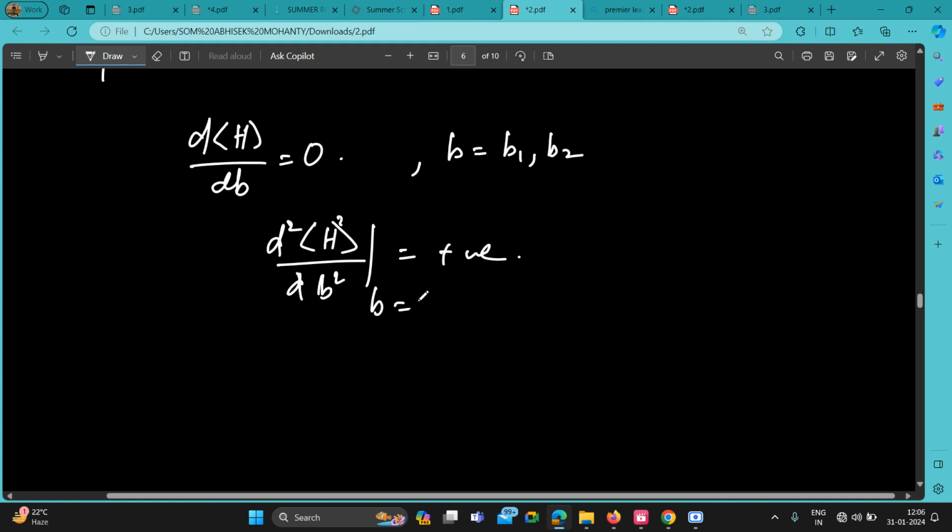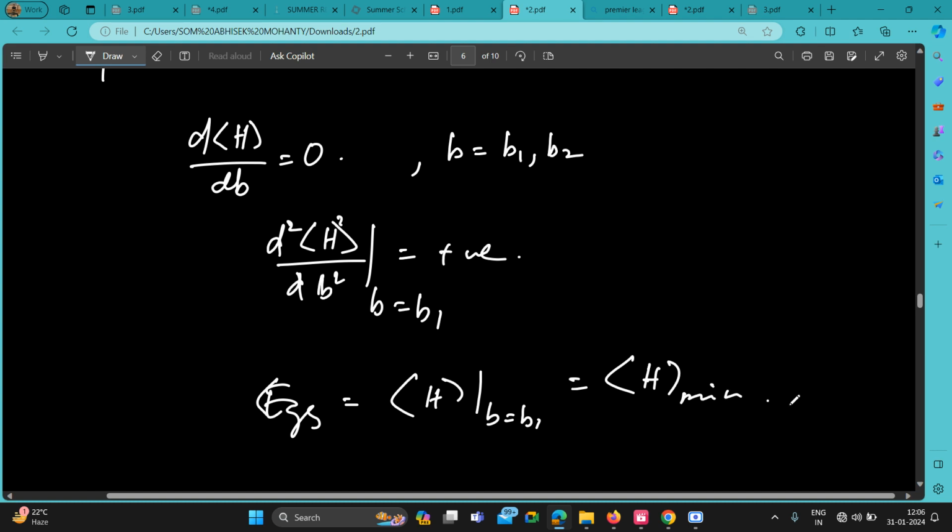If it is positive at B is equal to B1, then we can write E_GS is equal to H at B is equal to B1, which is H minimum. Okay. That's what the process is. Just write down Gaussian trial wave function.